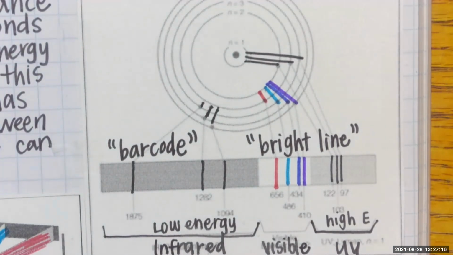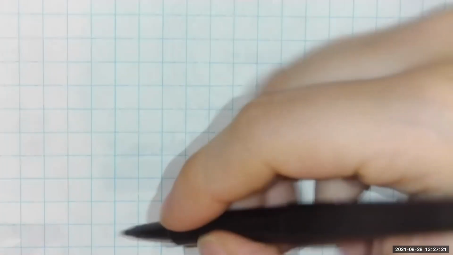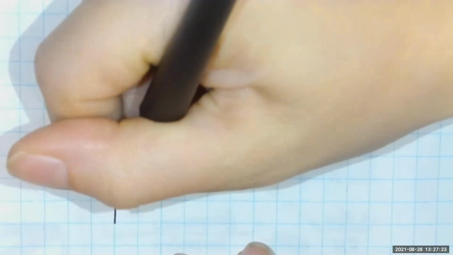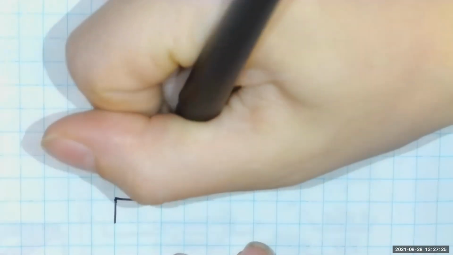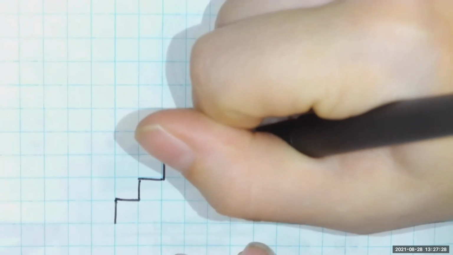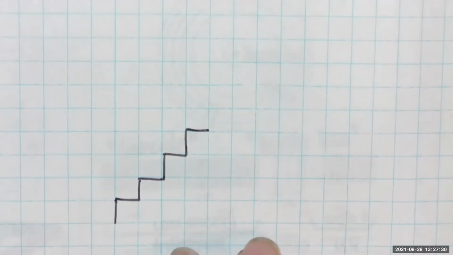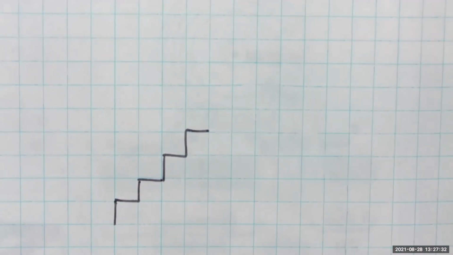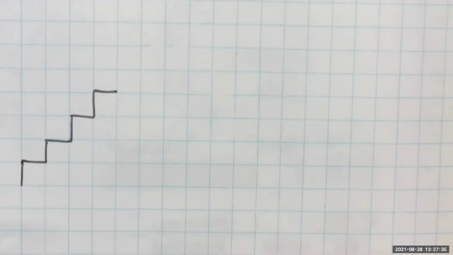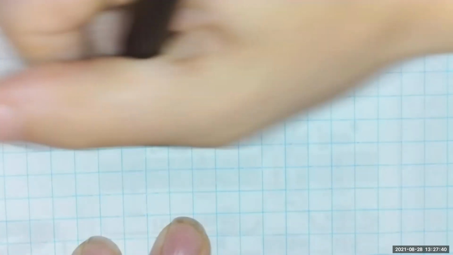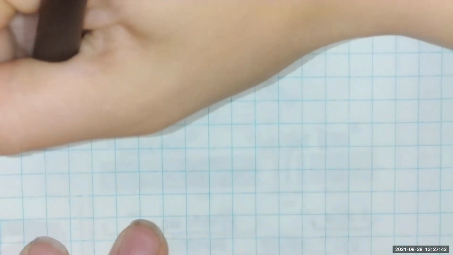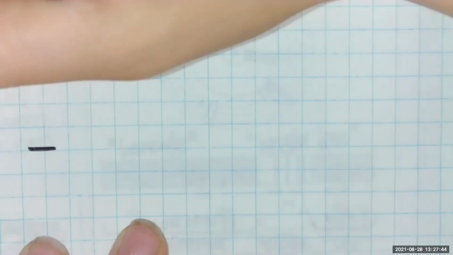Normally, when you go up and down a regular set of stairs at your house, you've got stair 1, stair 2, stair 3, stair 4. That is not at all how it works for atoms. Atoms, you might have step 1, step 2, step 3, step 4, step 5.